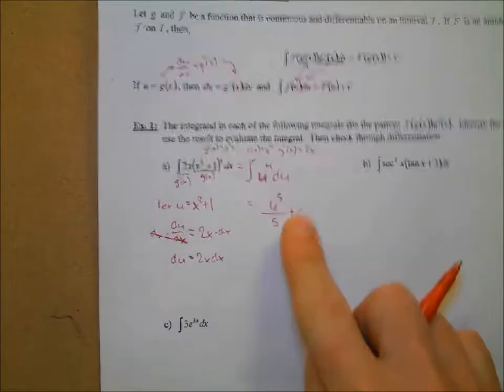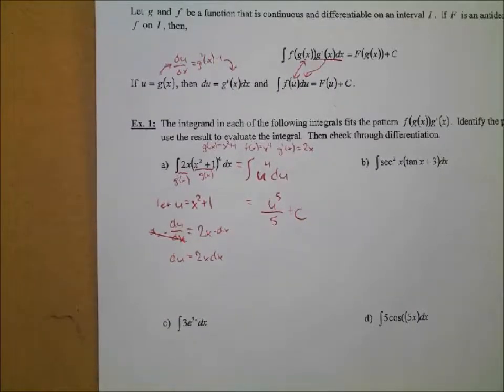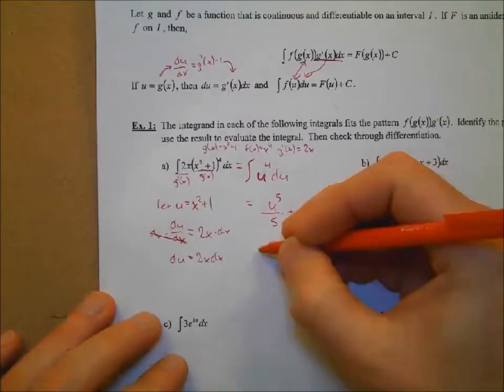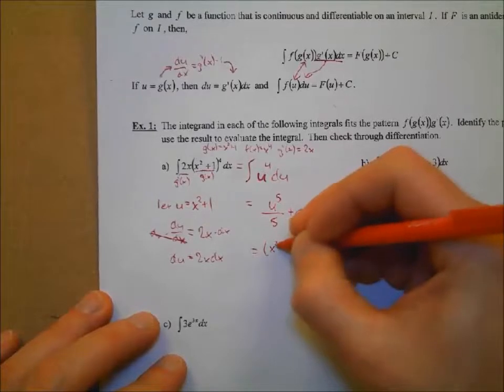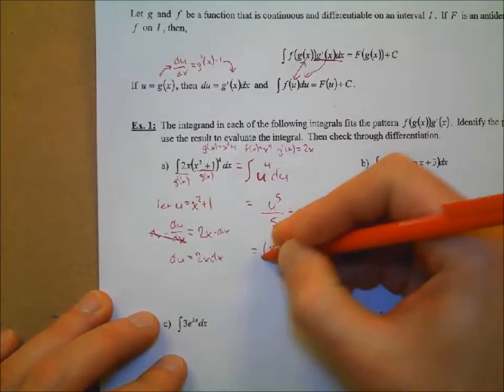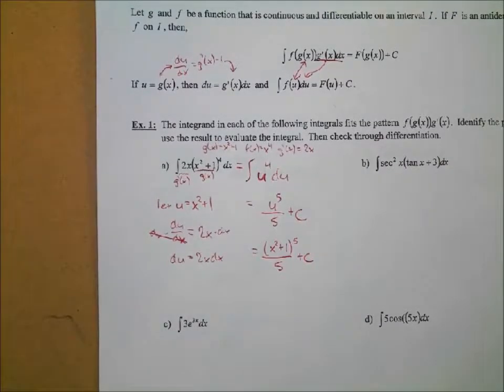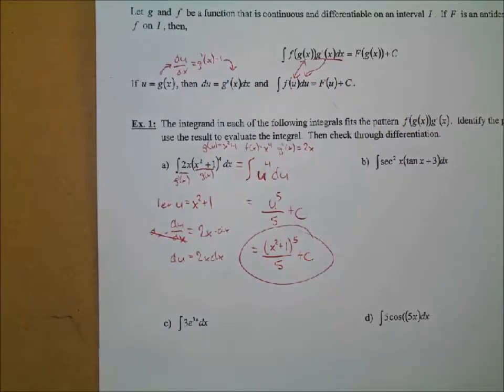So we have to put that plus c in there. And then the last step, we want to, of course, get it back in terms of x. What is u? X squared plus 1. So we just resubstitute in. There's our answer. There's our integral. That's it. You can say it's 1/5 times x squared plus 1 to the 5th if you want to, plus c.